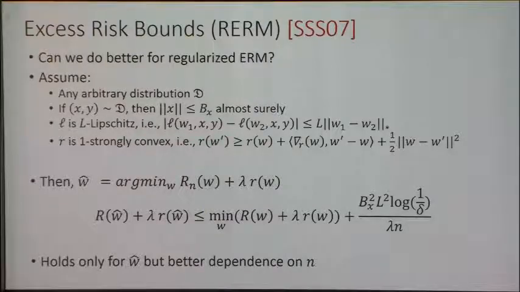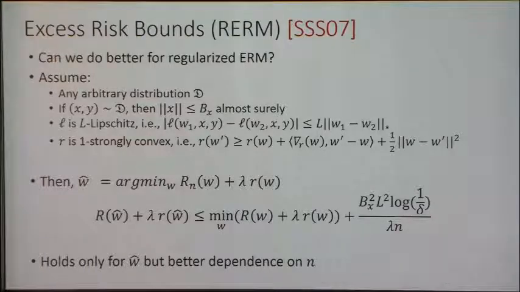So when I'm trying to bound R(W hat), this will be bounded by R(W star) plus this extra regularization term, and then I have to set lambda properly to balance it out. When I set lambda appropriately, it turns out to be of the order 1 by root n, and that's why the rate that I'll observe will be 1 by root n only.